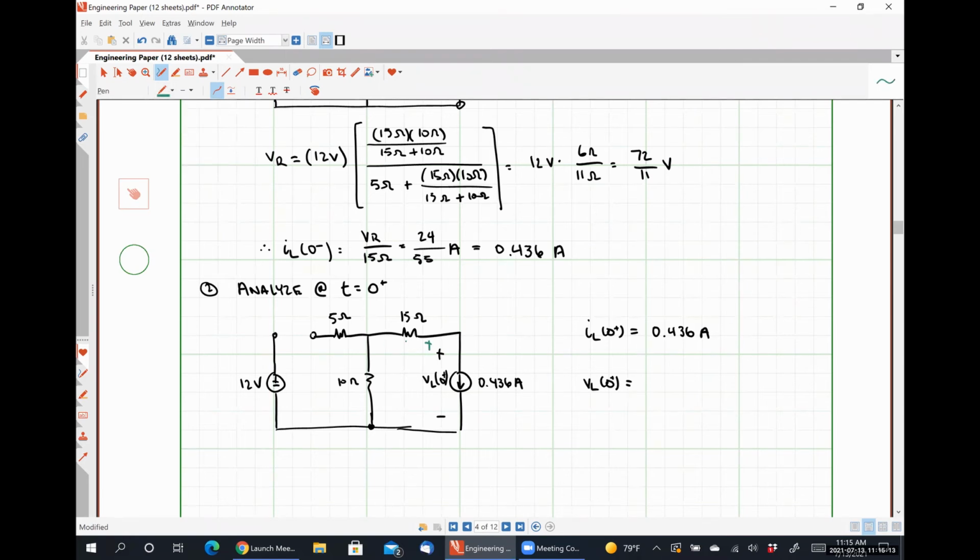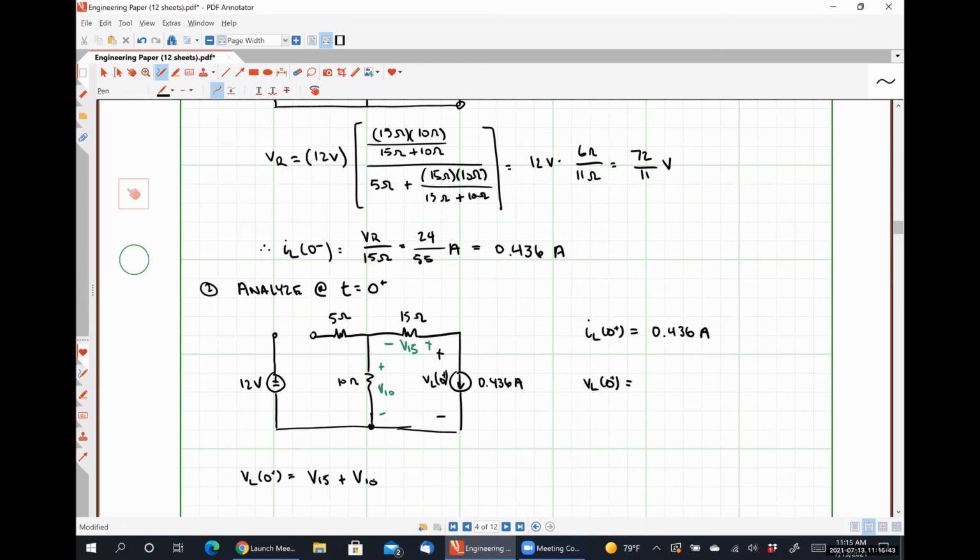So let's call this guy V15, and this guy V10, right? So it should be pretty easy to see that VL at 0 plus is just V15 plus V10 using Kirchhoff's voltage law.